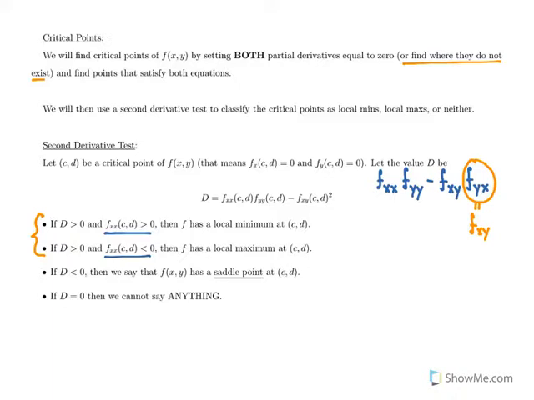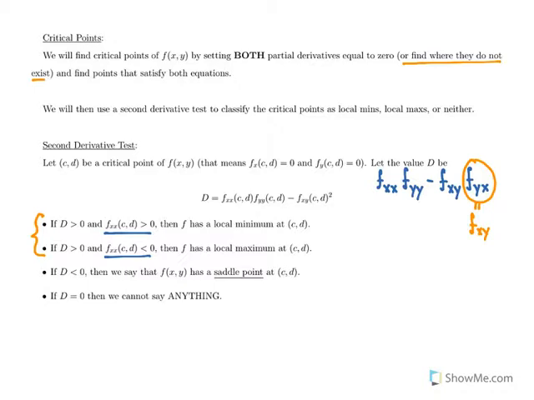In fact, you could do it with y as well, but let's just focus on the fxx. And you look, if it's concave up in the x direction, if it's greater than 0, we'll have a local min. If it's concave down, we're going to have a local max. And again, this would work for fyy as well. There's nothing special about fxx necessarily.